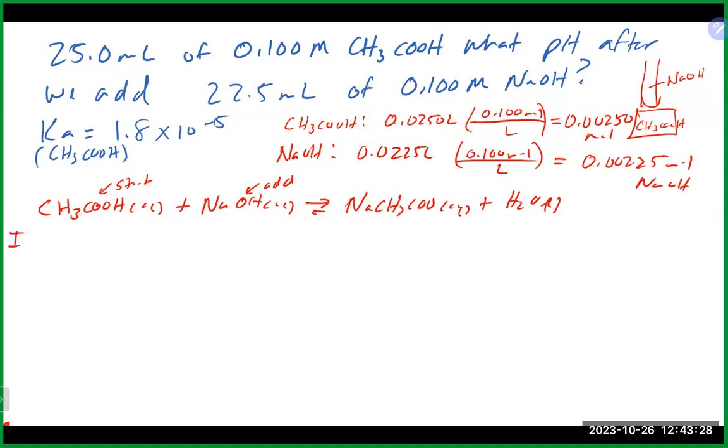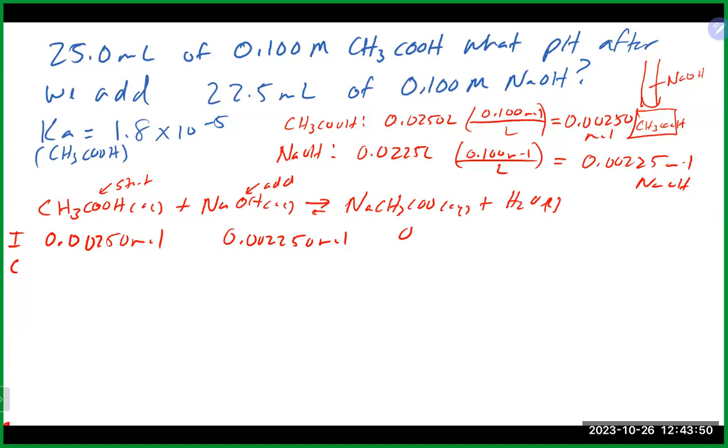So those are going to be our initials here: 0.00250 moles, 0.00225 moles, and 0. Am I before, after, or at the equivalence point? Before.